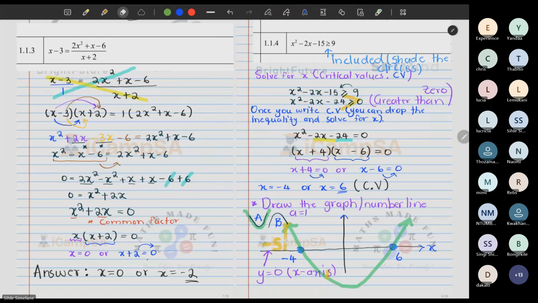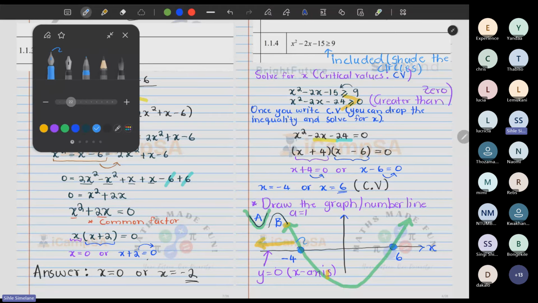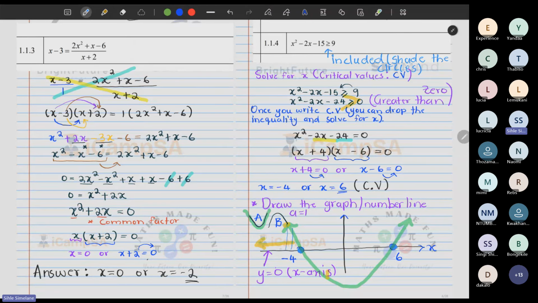Positive. So if you think carefully, this means that from -4 going to the left, all the y values are going to be positive when we take x values, because the graph is above the y equals 0 line. So it's greater than 0. So meaning all x values going to the left will work as an answer. And then on 6, all x values going to the right will work.